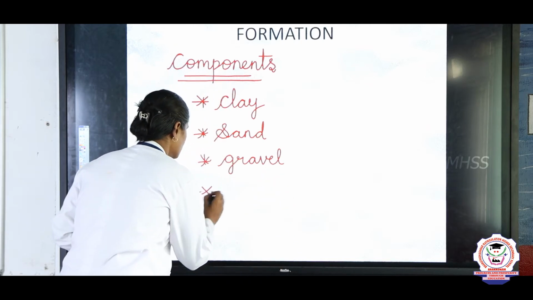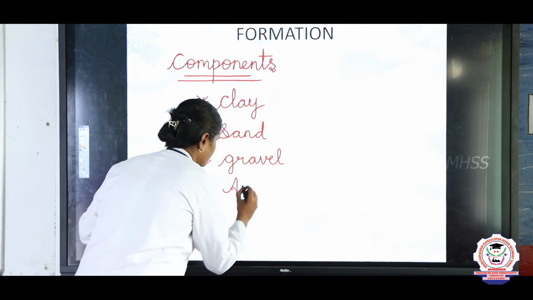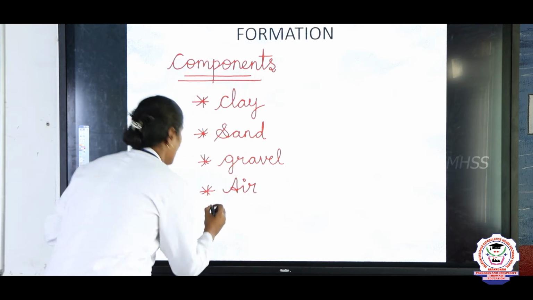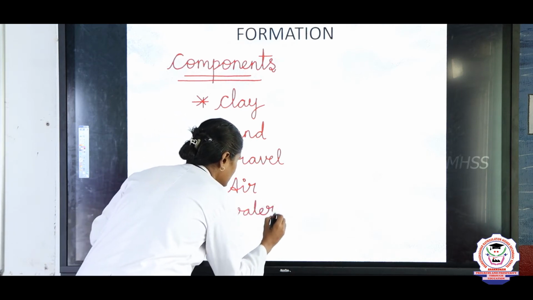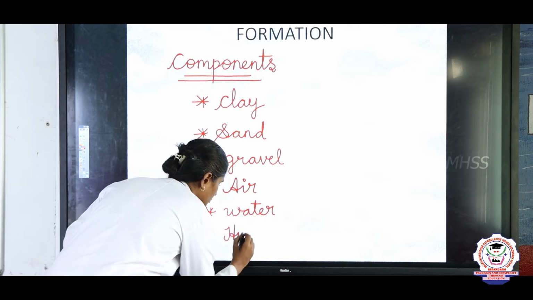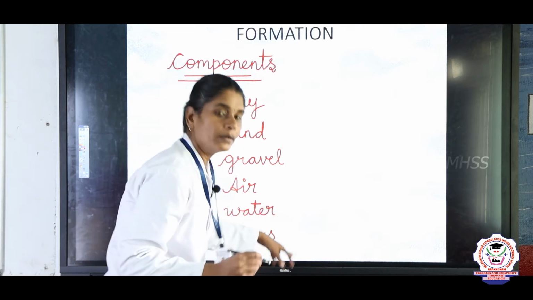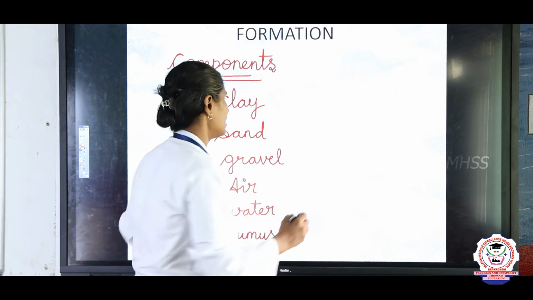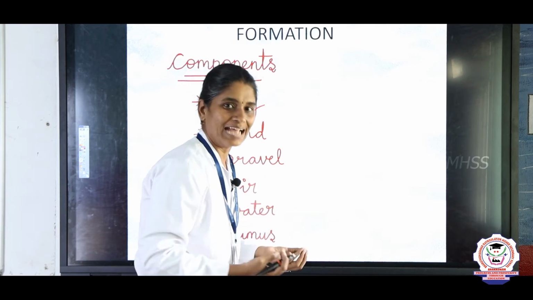The soil also contains air. We can see some air is present inside the soil, and soil also contains water. Soil also contains humus. What is this humus? Humus is a nutrient, very essential for the plants, because humus provides nutrients to the plants for growth.